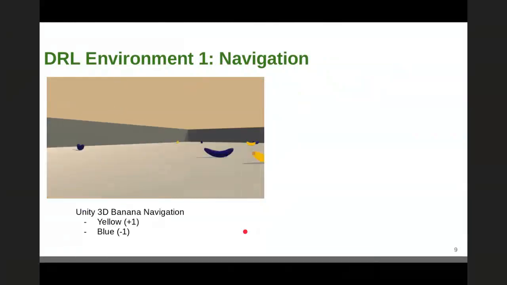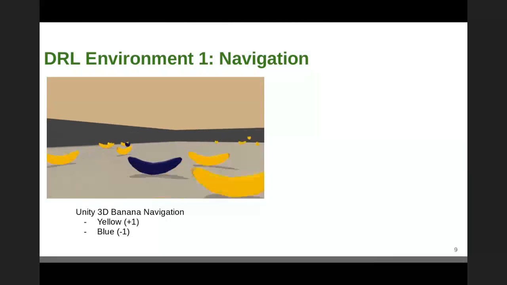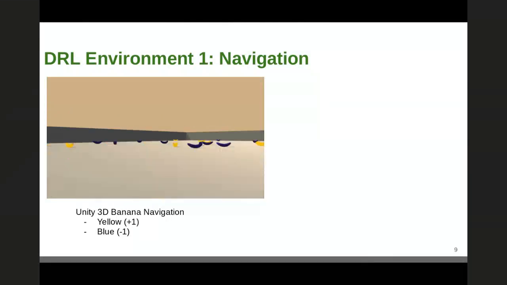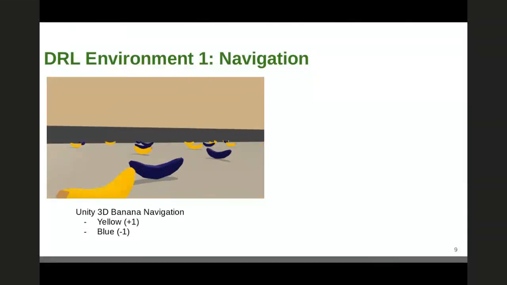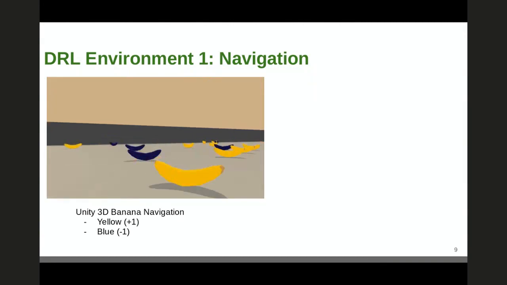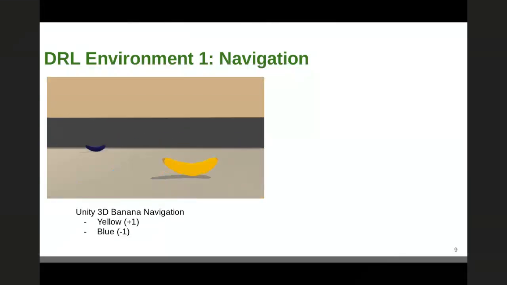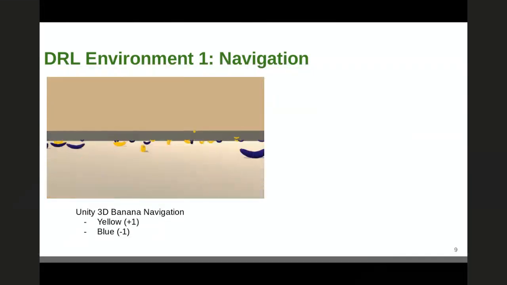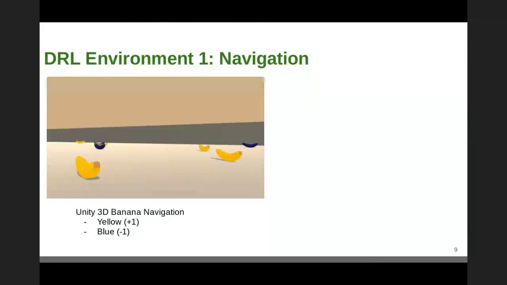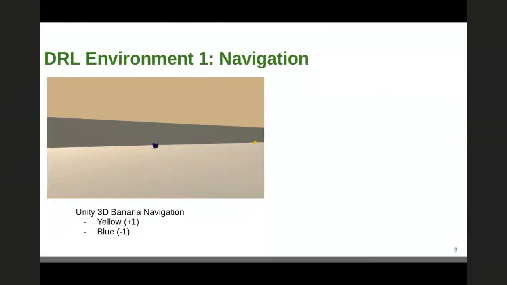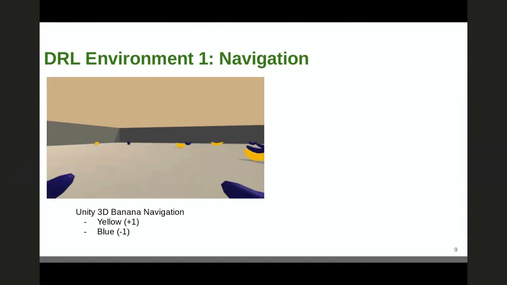So let me introduce our environments. The first environment is a 3D rendering environment from Unity. The task is that you have to collect the yellow banana, and at the same time avoid the blue banana. If you get the yellow one, you get +1, and if you get the blue one, you get -1.